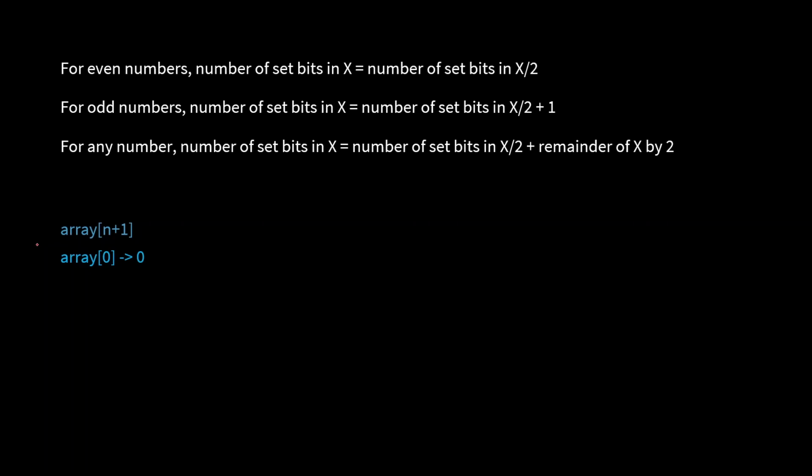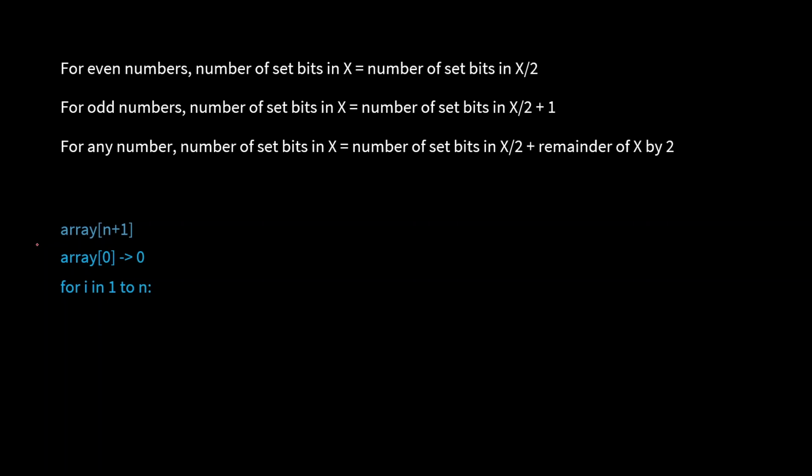Using this base condition, we will gradually solve our problem. That means for every index we will find the number of set bits, starting from this base condition. Now we will run a loop from 1 to n.